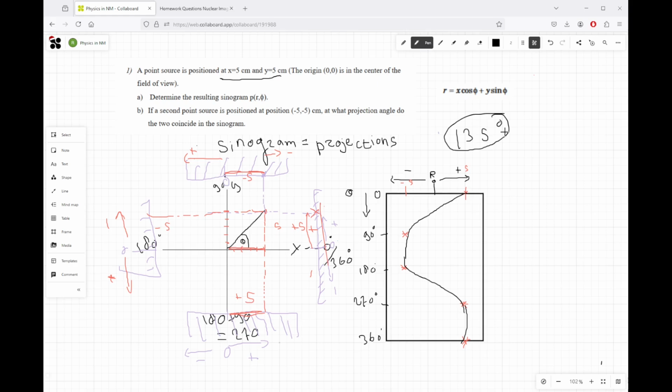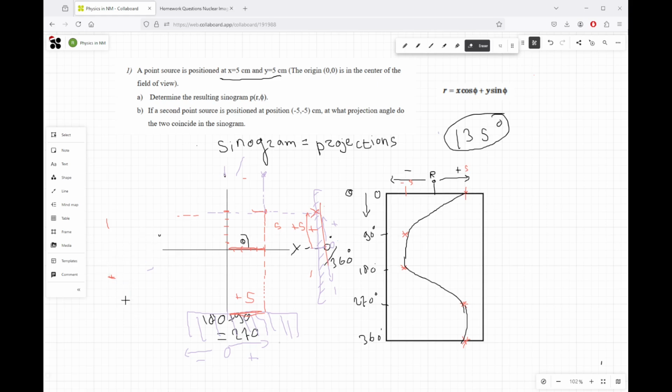So we'll do this one as well, and try to understand or try to get an idea of what the radius should be at this projection angle. So what we'll do right now is we will delete all of this right here. Try to think about that.